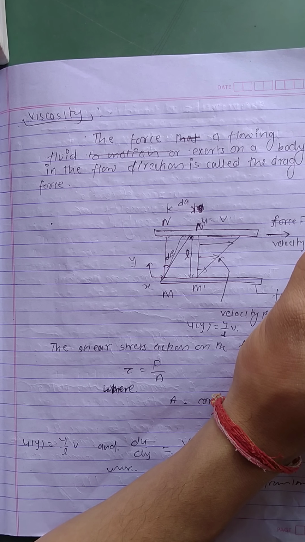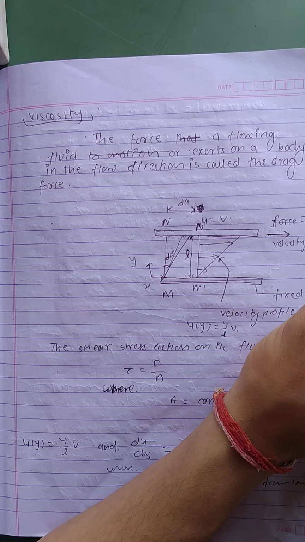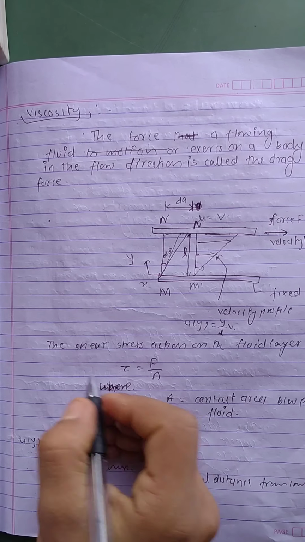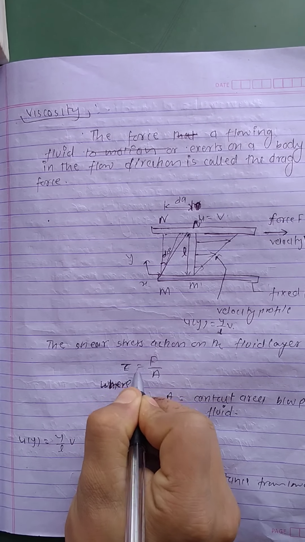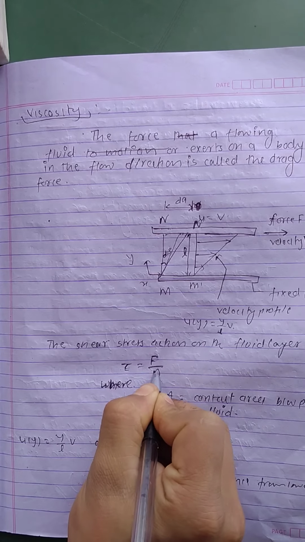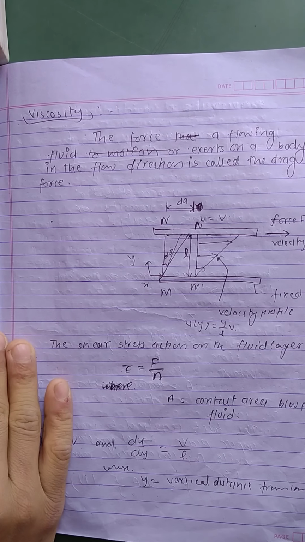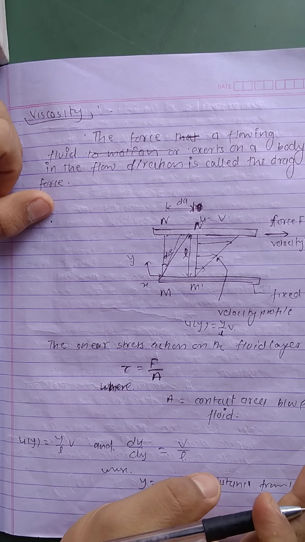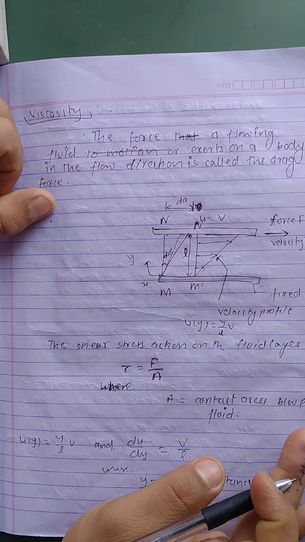The fluid in contact with the upper plate sticks to the plate surface and moves with it at the same speed, and the shear stress acting on the fluid layer is tau equals F by A, where A is the contact area between the plate and the fluid.